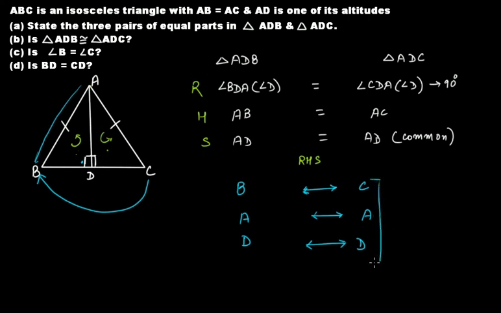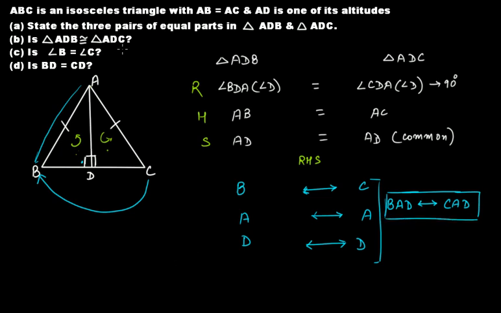If we take them together, this will be BAD and CAD. This is the correspondence under which the two triangles will be equal.